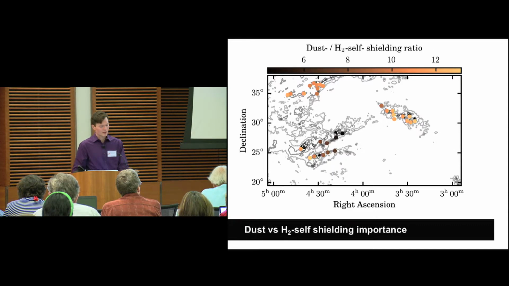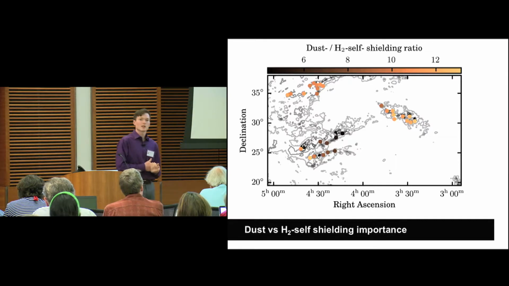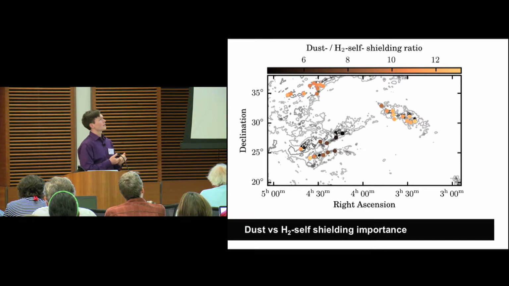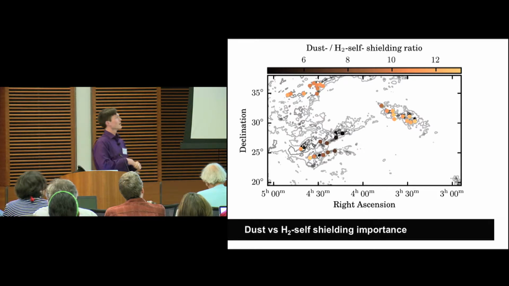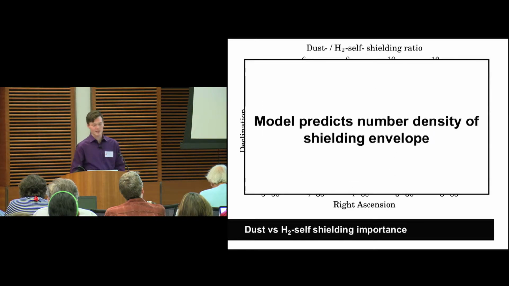Now we would also like to test if the model is consistent with observations, not just if it can fit our observed H1 and total gas surface densities. So because dust is associated with the cold neutral medium, the density of the cold neutral medium will trace the amount of dust and thus the amount of shielding.